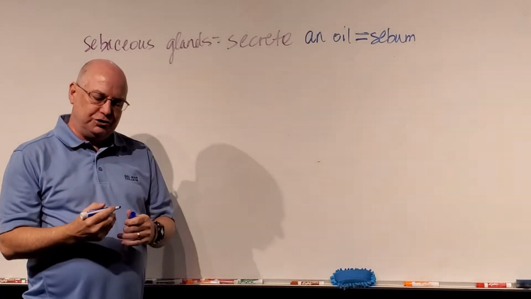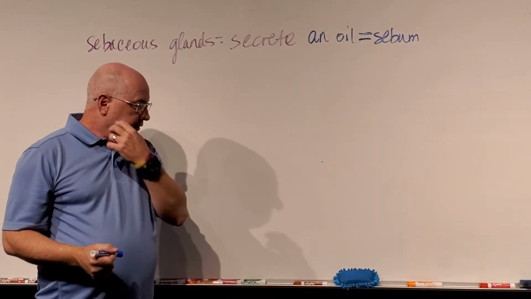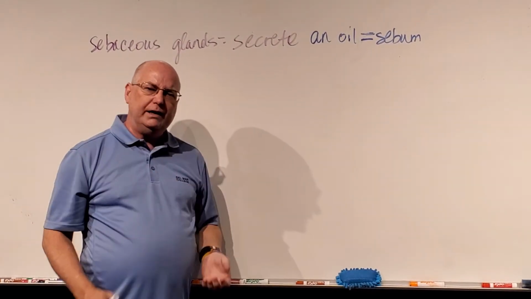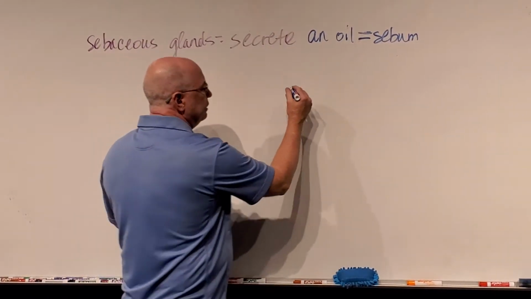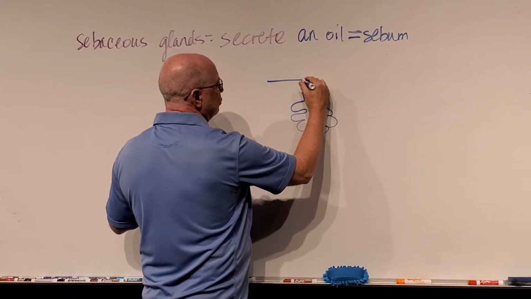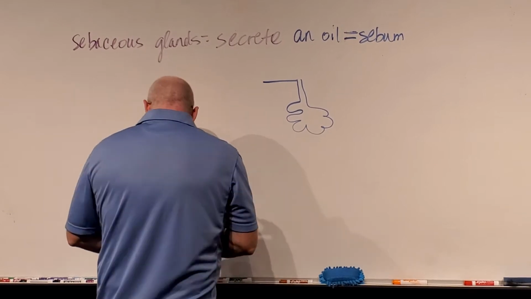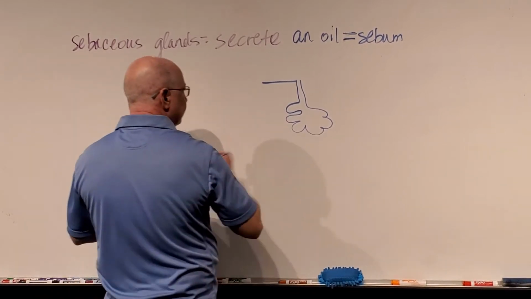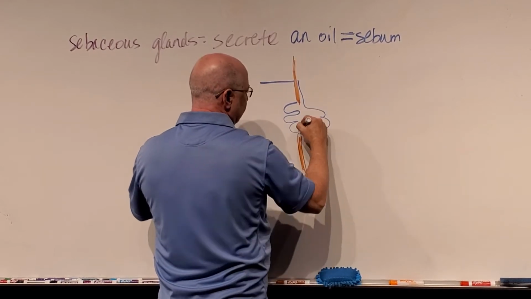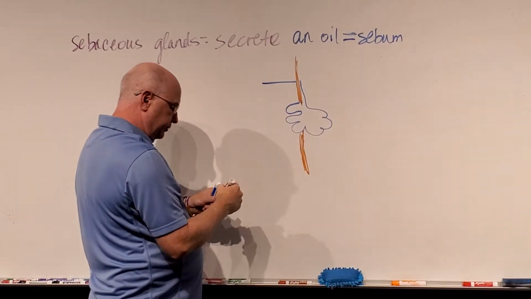It keeps some moisture to our skin. If the sebaceous glands secrete too much oil, then you have really oily skin. Now, if we're looking at the surface of our skin, those sebaceous glands are always near a hair follicle and associated with hair follicles. As the hair follicle passes by, the sebaceous glands are kind of hanging off the side of a hair follicle.